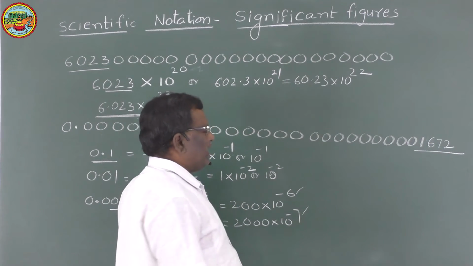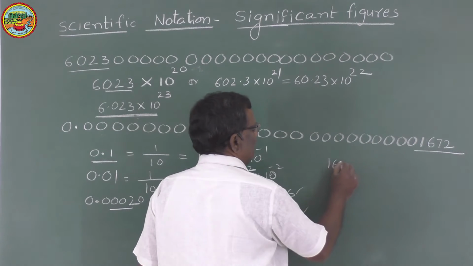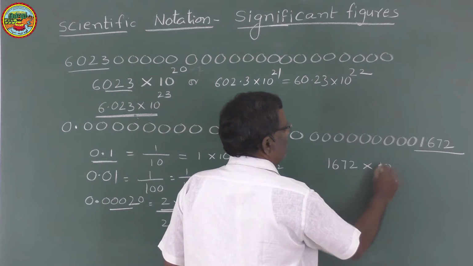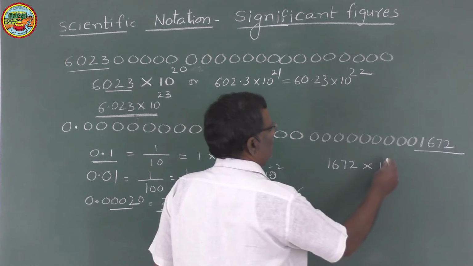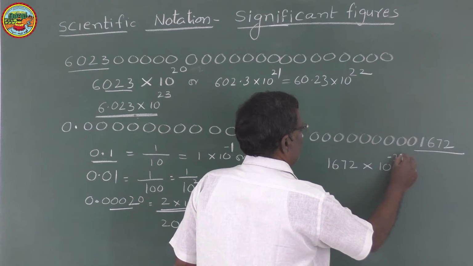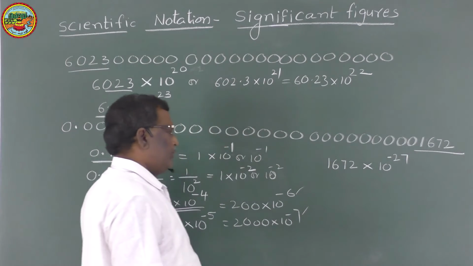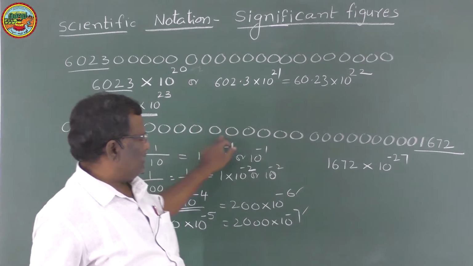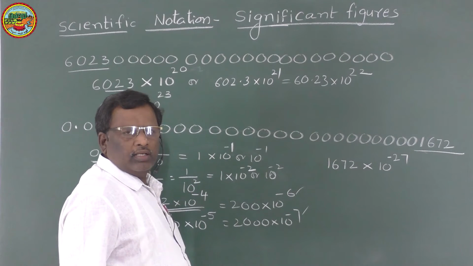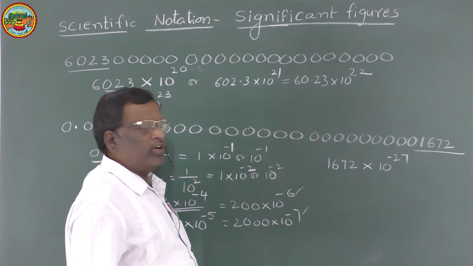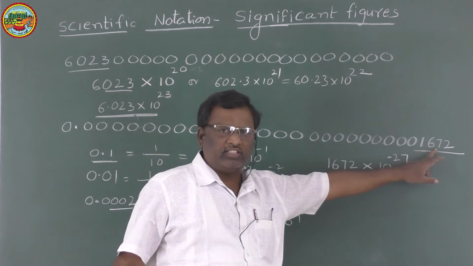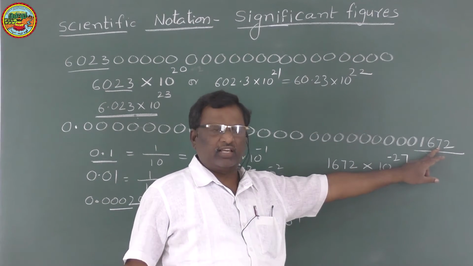So this can be written as 1672 into 10 to the power minus 27, because the total digits that are present here is 27. That means 23 zeros and 4 non-zero digits are there.